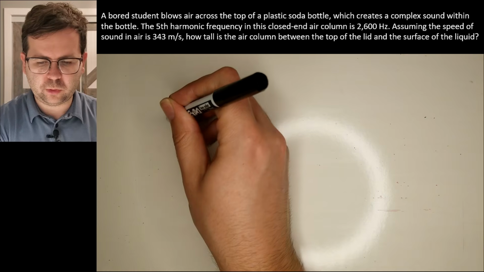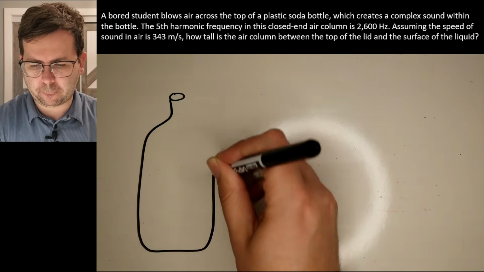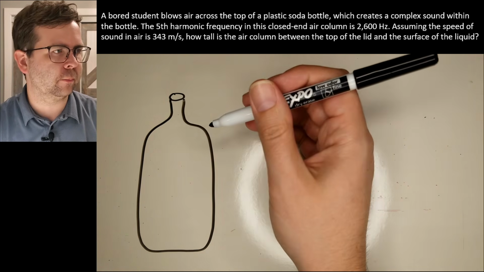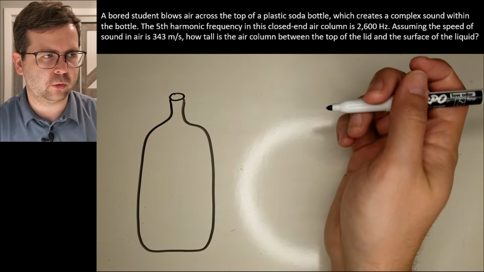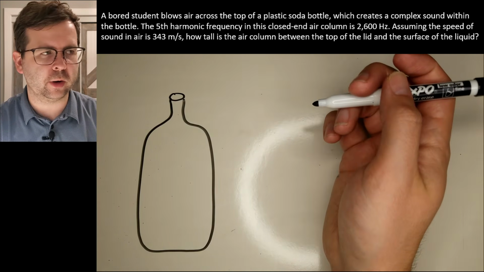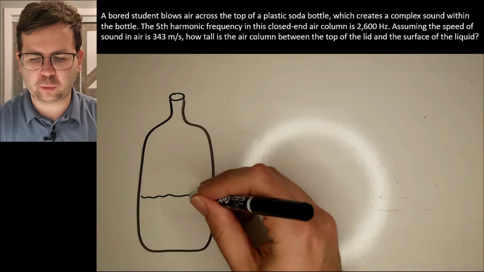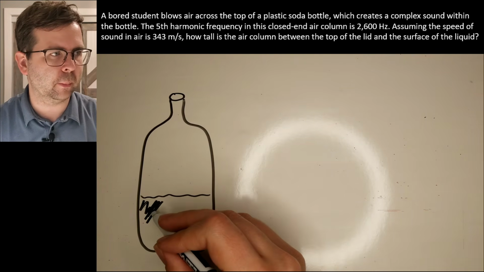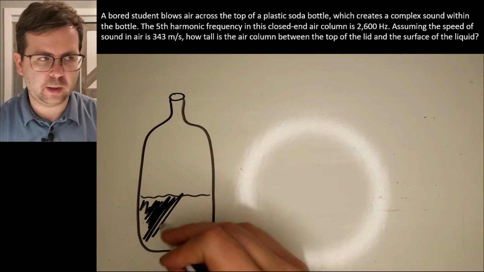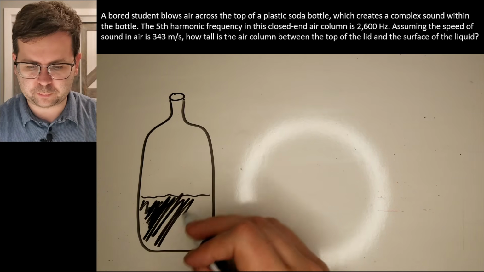And it says the fifth harmonic frequency of the wave in this closed-end air column is 2600 hertz. Assuming the speed of sound in air is 343 meters per second, how tall is the air column between the top of the lid and the surface of the liquid?